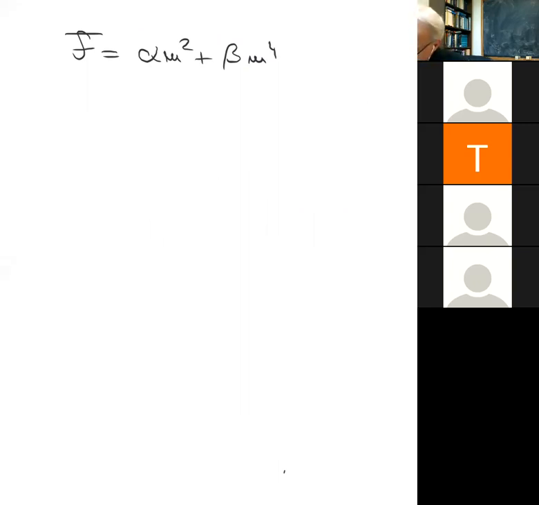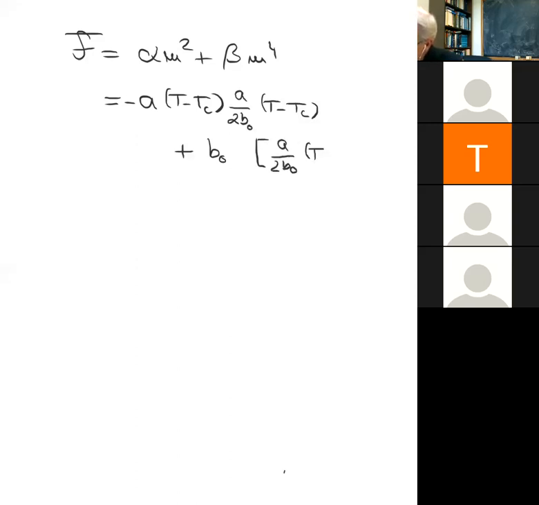Alpha was a times (T minus Tc), and m squared we determined to be a over 2b times (T minus Tc). And beta we just approximated by a constant, which we call b naught. And m squared is a over 2b naught times (T minus Tc), everything squared.